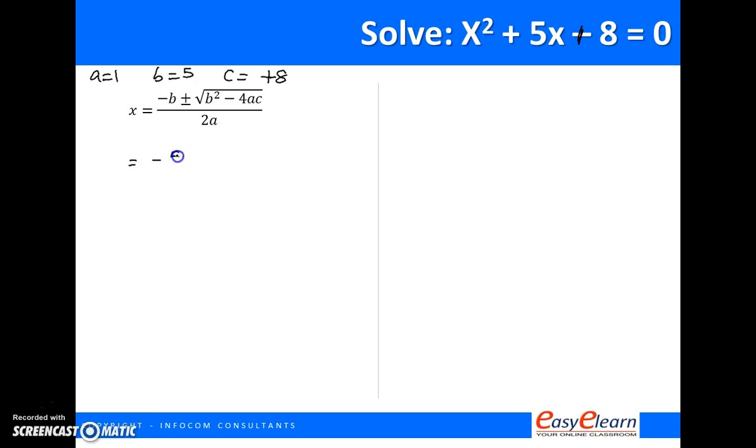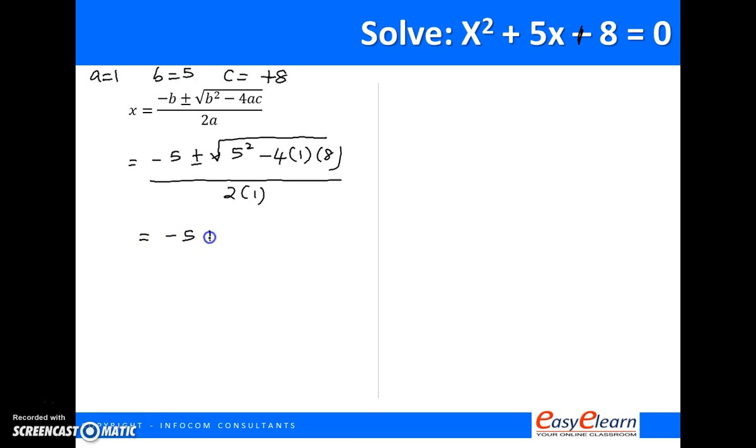So it is minus 5 plus minus, within the square root 5 squared minus 4 times 1 times 8, divided by 2 times 1. So minus 5 plus minus, in the square root we have 25 minus 4 times 8 which is 32, divided by 2.